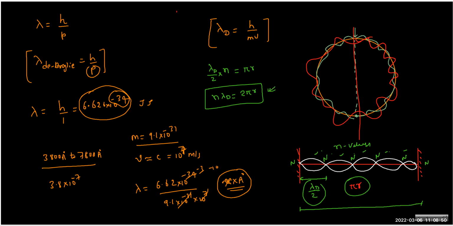This is the quantization of angular momentum, but this is still not evident that this is the quantization. So now to understand this quantization, let me do one more step, and you will realize the birth of this formula. So 2 pi r is n lambda d.